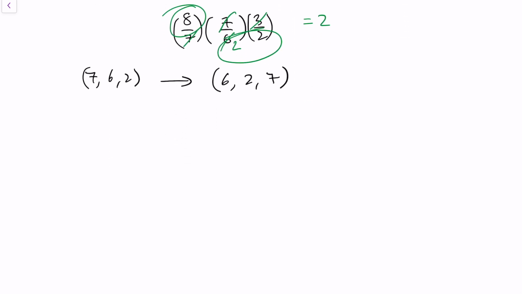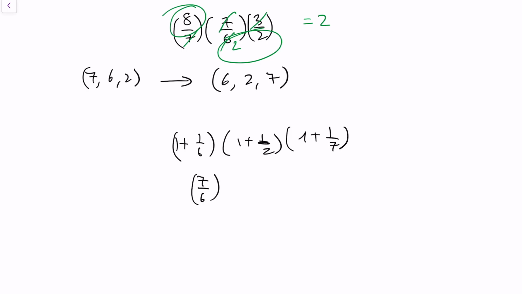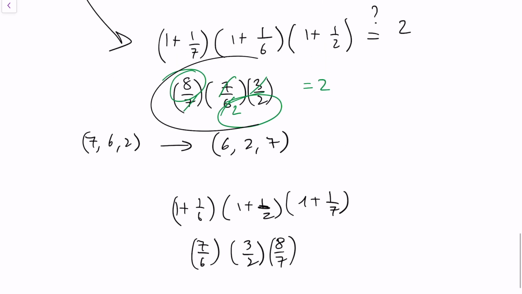So in other words, now we have 1 plus 1 over x, 1 plus 1 over y, 1 plus 1 over z. As you can see, that will give us 7 over 6, 3 over 2, and 8 over 7, just like here, okay? So this will also be a solution. So a cyclic permutation of any solution is a solution itself, right?